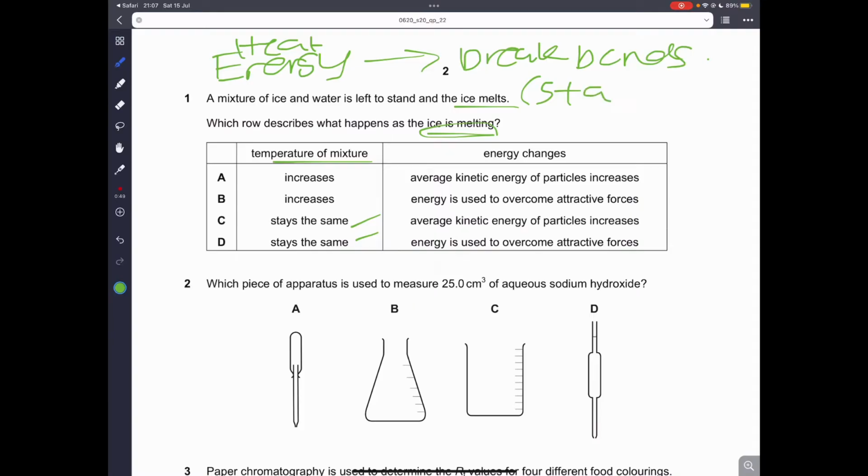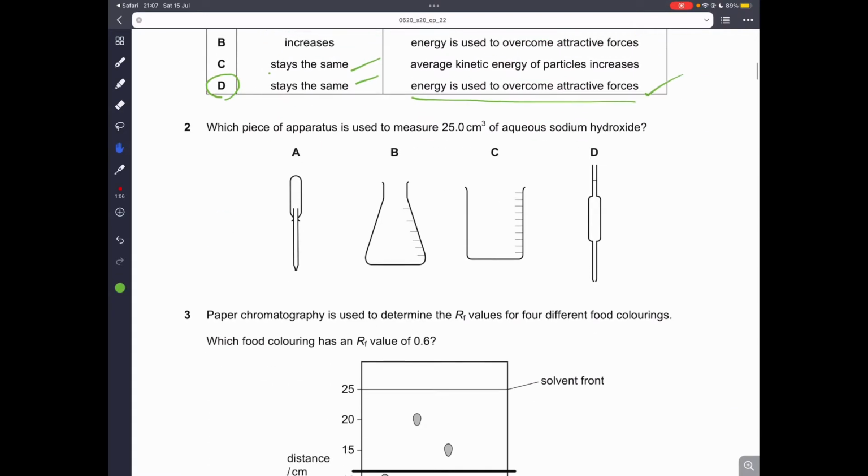Essentially, the ice is undergoing a change of state by using the thermal or heat energy. Therefore, the temperature of the mixture will stay the same. The energy changes, however, this energy is used to overcome the attractive forces, and therefore D is the correct answer.